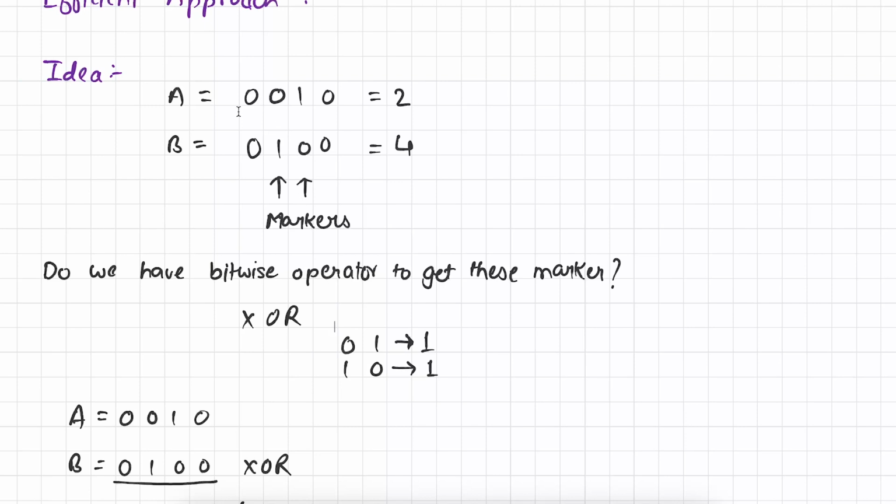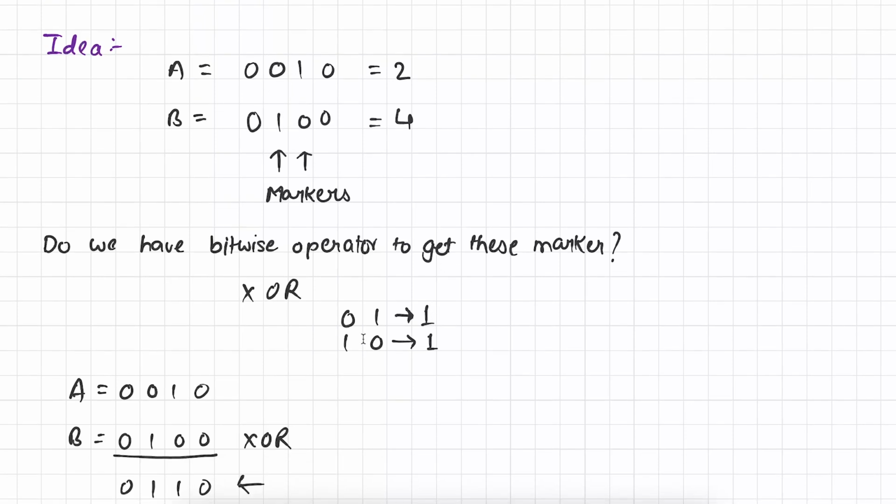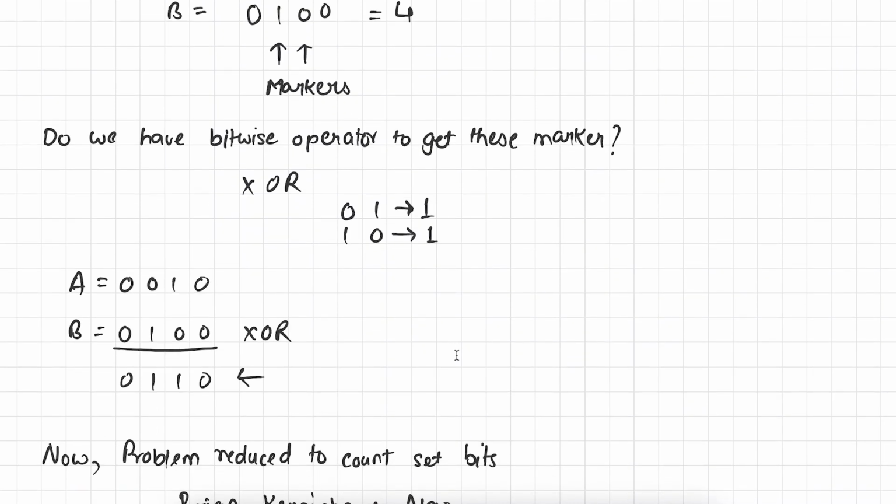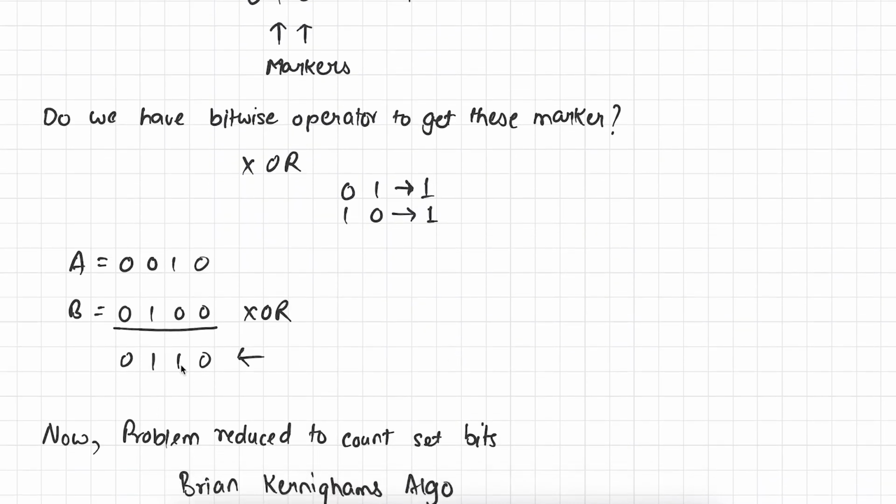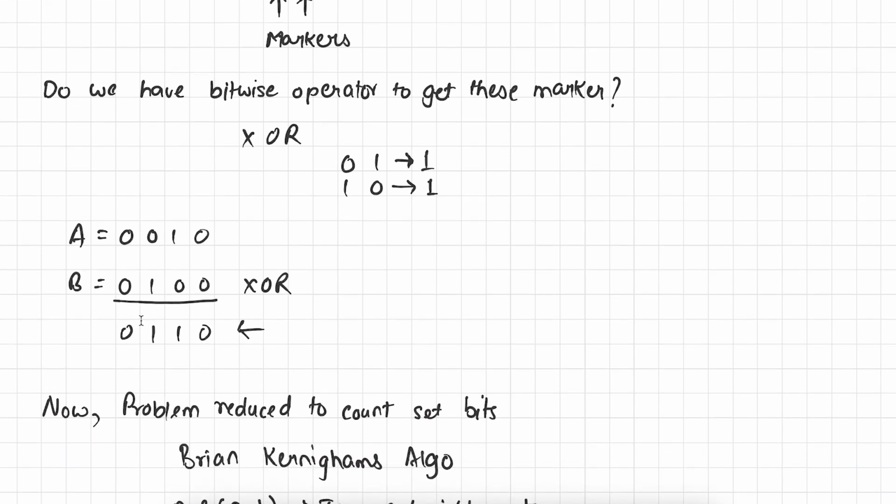When we do bitwise XOR of 2 alternating bits, it gives us 1, right? If we XOR 0 and 1, it gives 1, and if we do 1 XOR 0, it gives 1. In all other cases, it simply gives 0. So when we do XOR of a and b, we get 0110. It means there are 2 bits that need to be flipped to convert a to b.